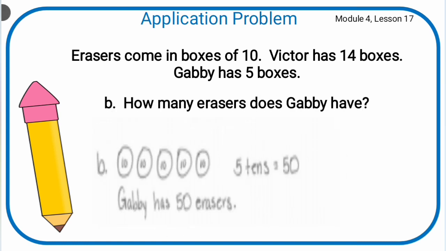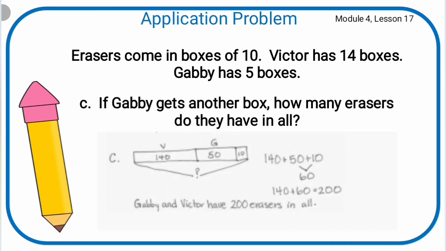Now, question B. How many erasers does Gabby have? It says in the question that Gabby has 5 boxes, which means 5 tens. So Gabby has 50 erasers. And on to question C, it said, if Gabby gets another box, how many erasers do they have in all? In all.